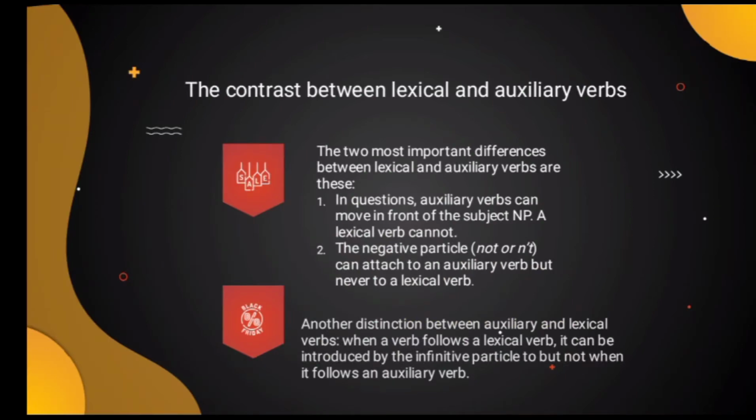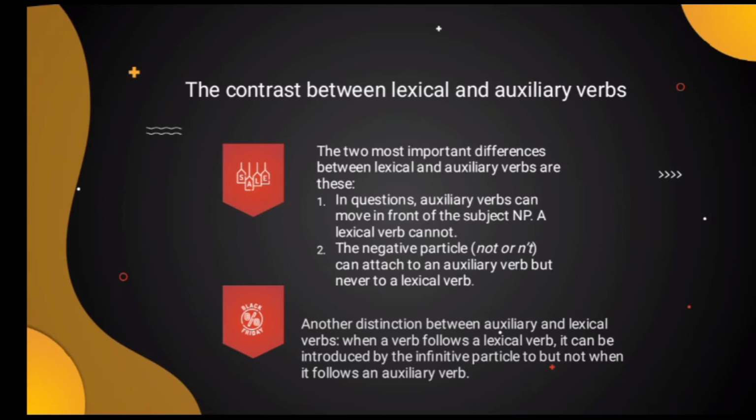Next material, the contrast between lexical and auxiliary verbs. The two most important differences between lexical and auxiliary verbs are these. First, in questions, an auxiliary verb can move in front of the subject, but a lexical verb cannot.